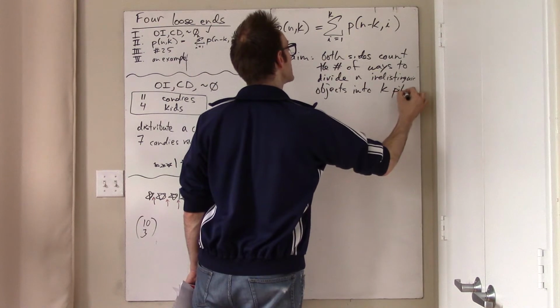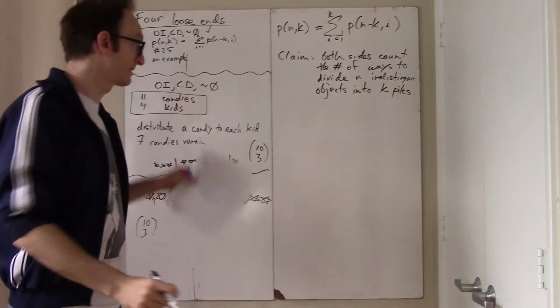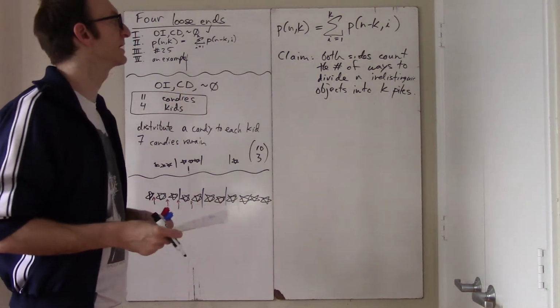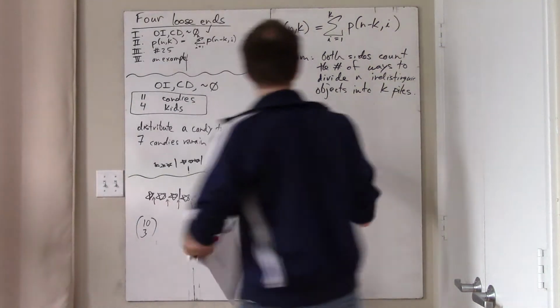And the left side is the very definition of P(n,k), and then it's the right side which needs to be argued.